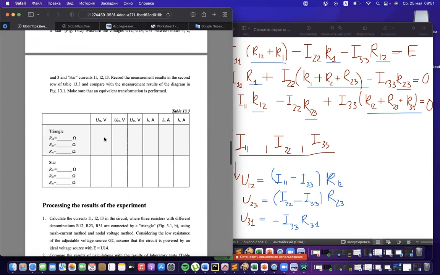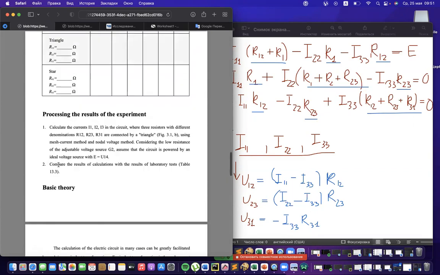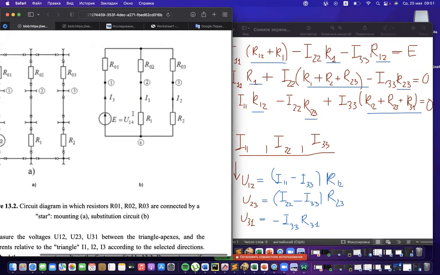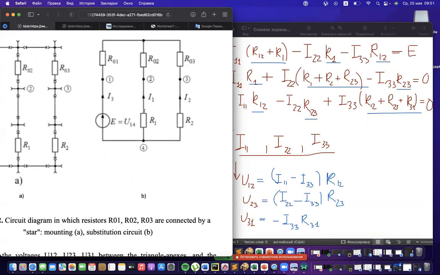After you fill in this first row of the table, you are making the calculation for the start of this variant. But here it will be much simpler because you have only two meshes, only one source, and it could be made much easier. You could just summarize resistances.